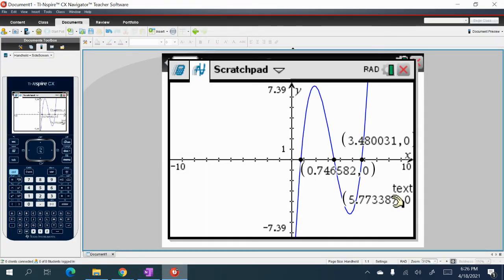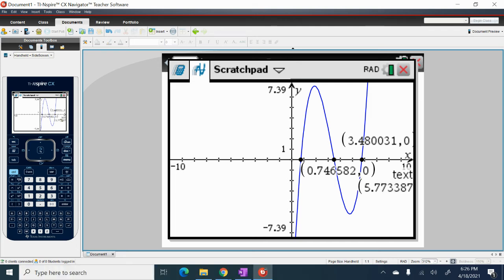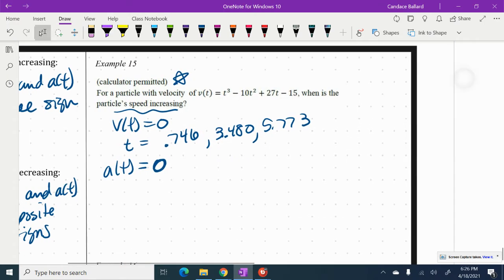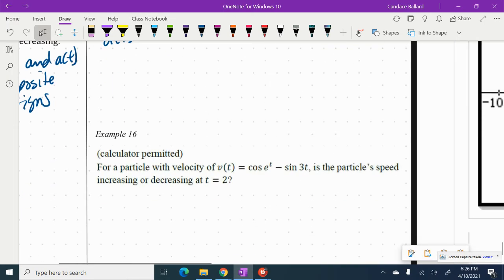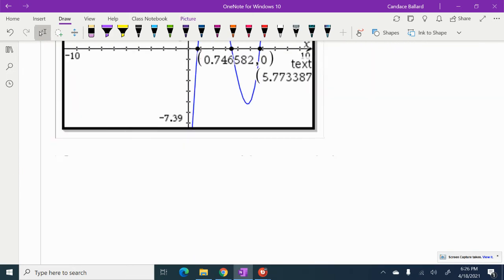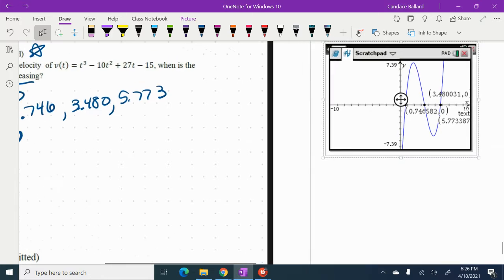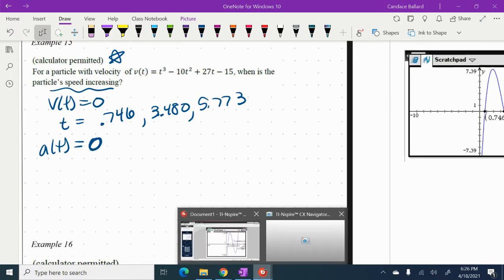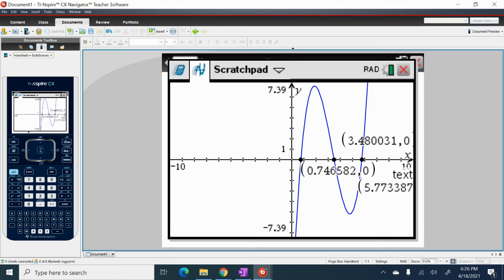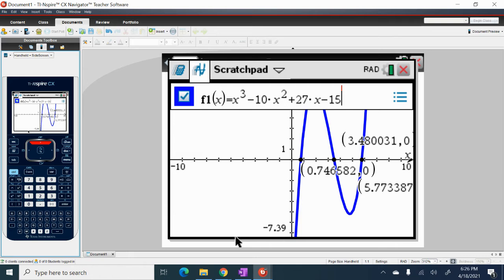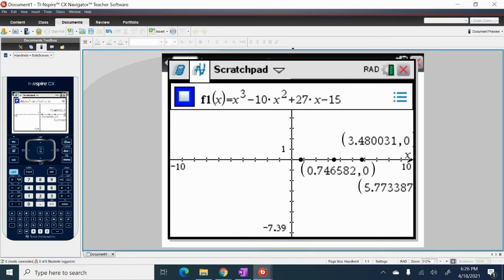It's probably not a bad idea for me to take this graph and put it into my notes so I can continue to see it. Let's set it over here, and make it just a touch smaller. Now let's go into here again. To get from velocity to acceleration, I'm going to turn the blue one off.